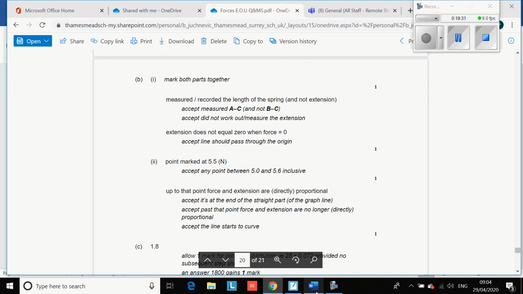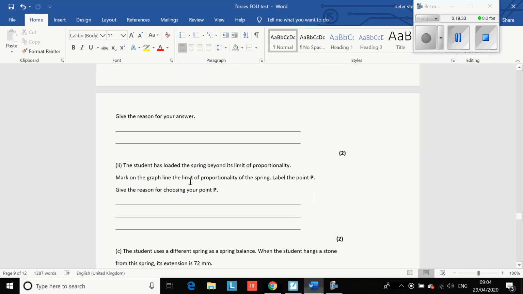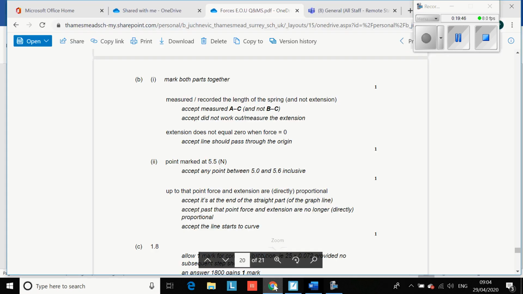Okay, right. Next one, part 2. The student has loaded the spring beyond the limit of proportionality. Mark on the graph the limit of proportionality of the spring, and label that point P, giving the reason for choosing point P. So there should be a point marked at 5.5 newtons, and up to that point, force and extension are directly proportional, or the line is straight.